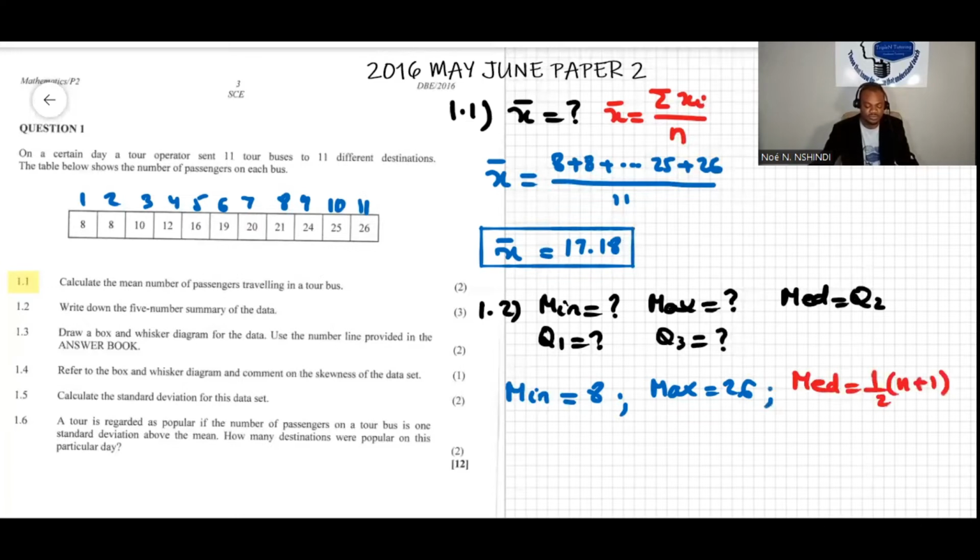So this will be a half times 12, which is 6. The 6 here tells us it is the 6th position. When I look here, position number 6 is 19. So the median is equal to 19.